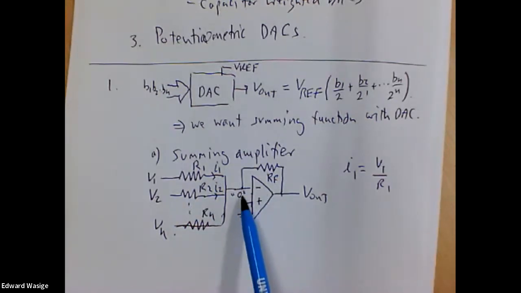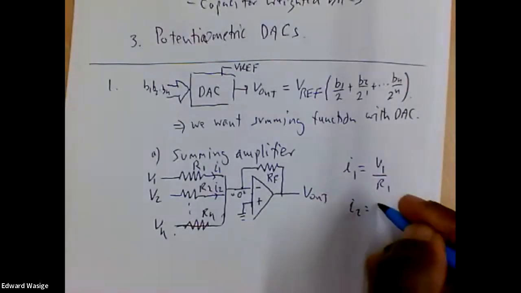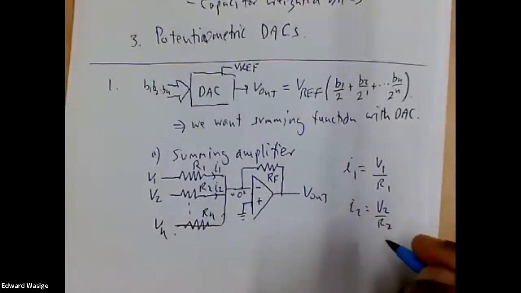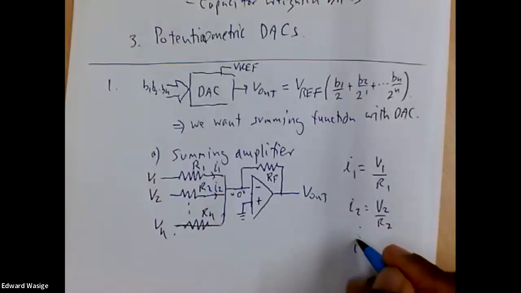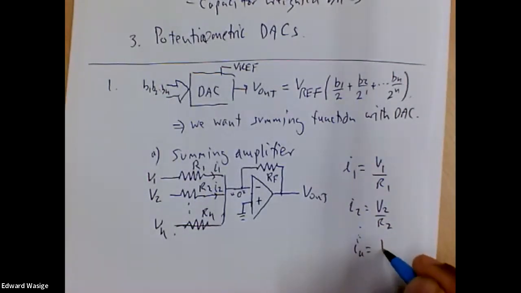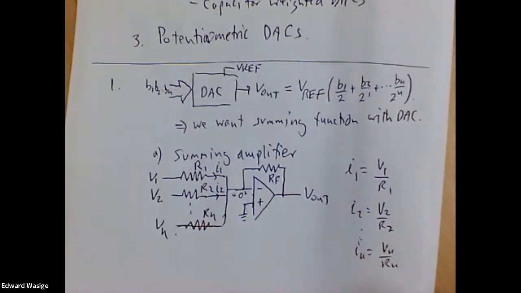The high gain of the op-amp ensures that there cannot be a large difference between the two input points. I2 will be V2 over R2, and In will be Vn over Rn.